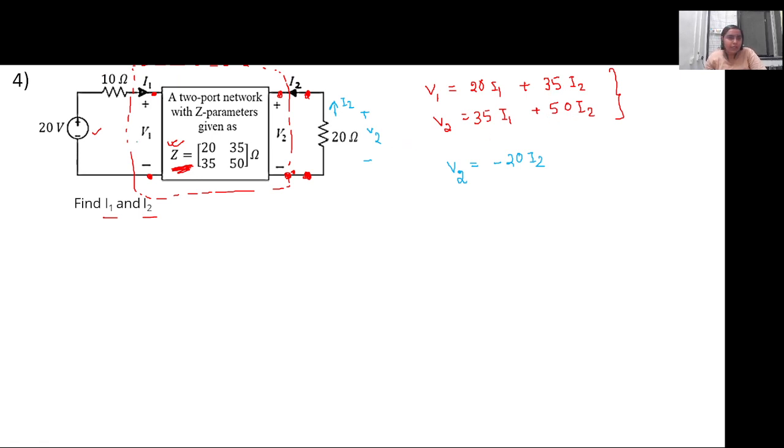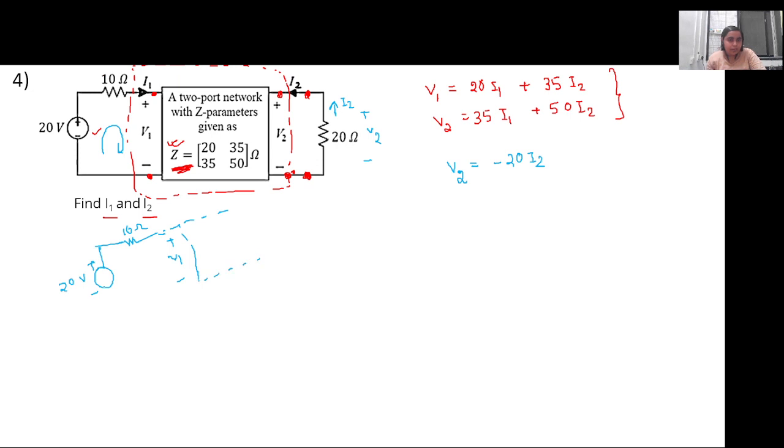And for the input case also, if we apply KVL across the small loop, which consists of the voltage source 20 volt, the resistance 10 ohm, and this voltage V1, which belongs to the two-port network.